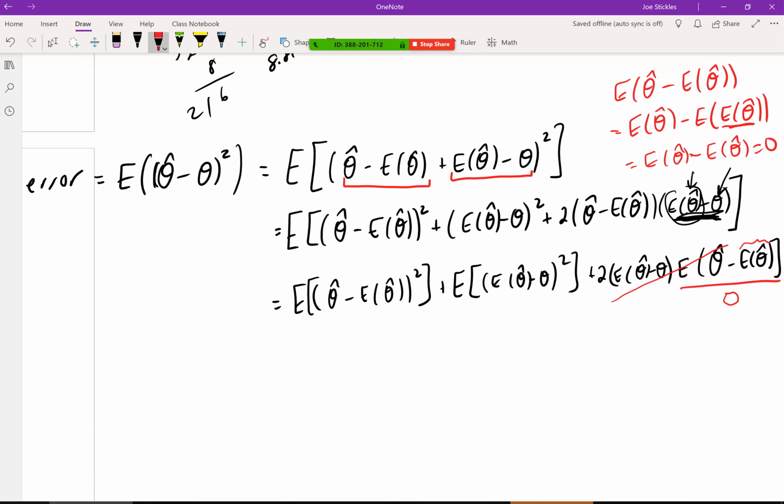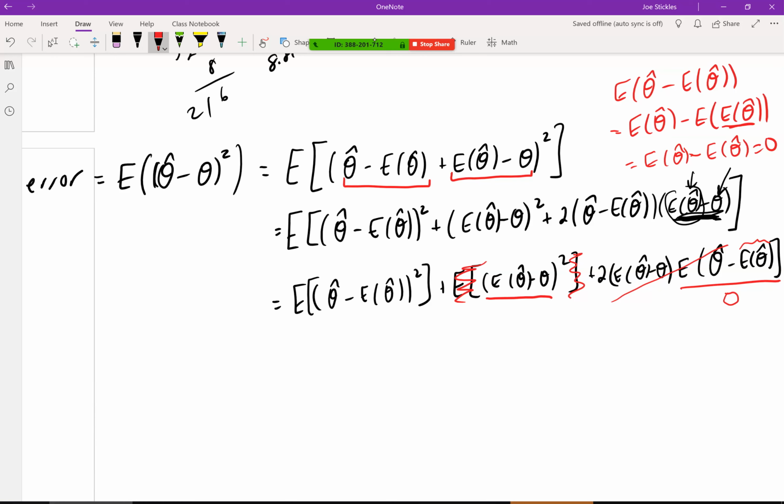All right, so now back to the second term. As Morgan already noticed, this expected value of theta hat minus theta is a constant. So when I square it, it's already a constant. So essentially, I can ignore the expected value piece because expected value of a constant is the constant.